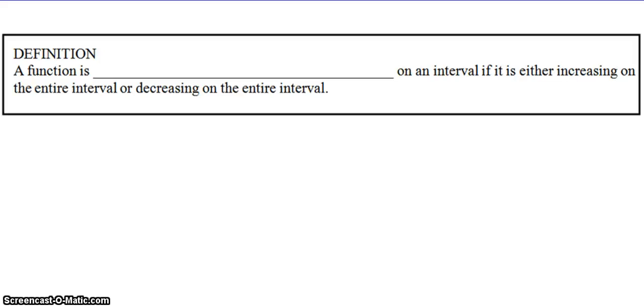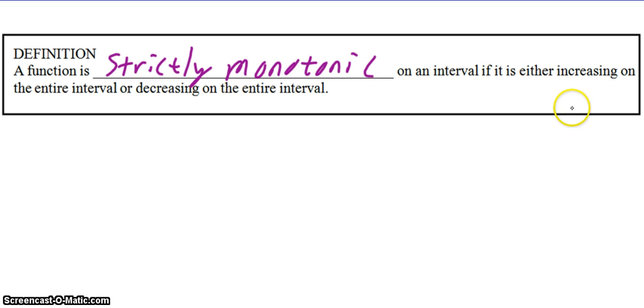A function is strictly monotonic on an interval if it is either increasing on the entire interval or decreasing on the entire interval.